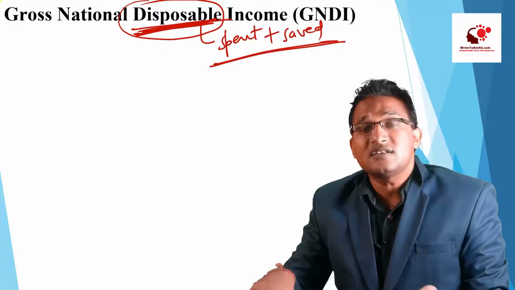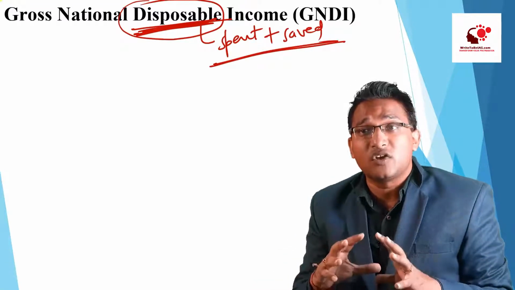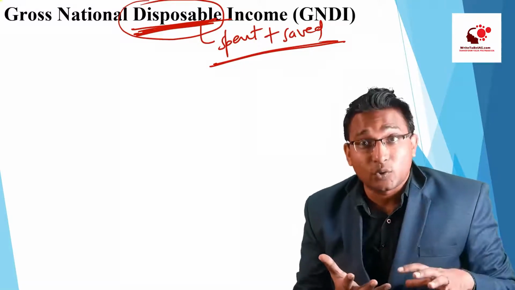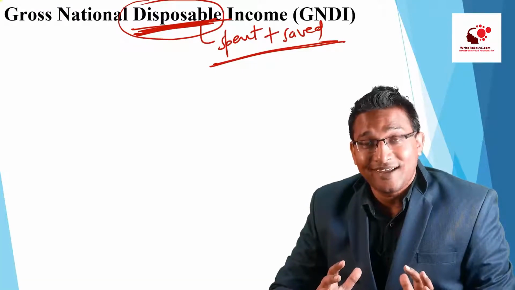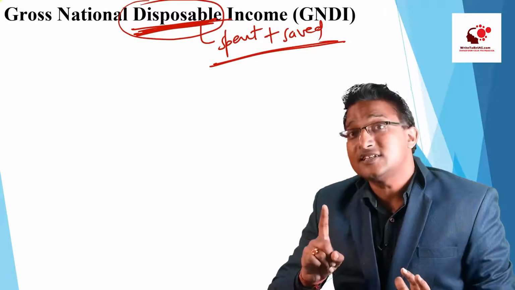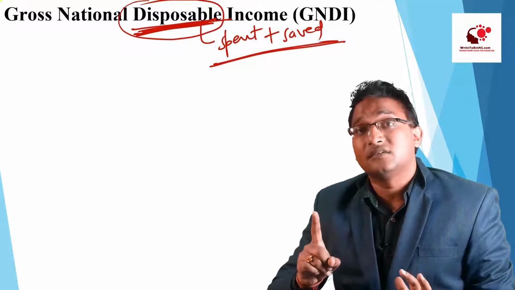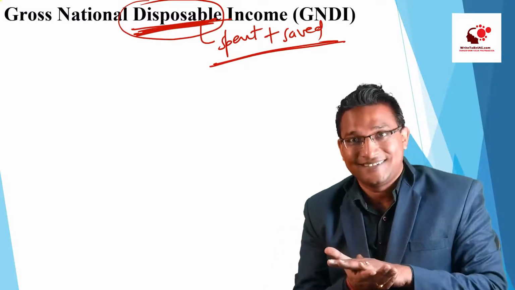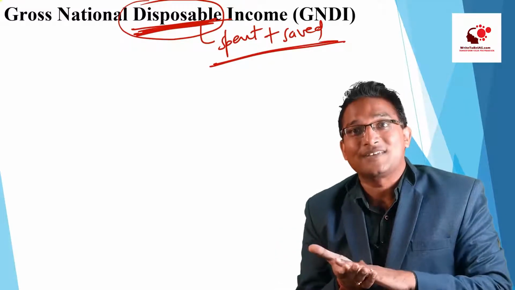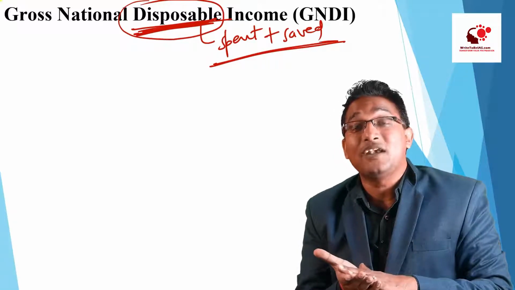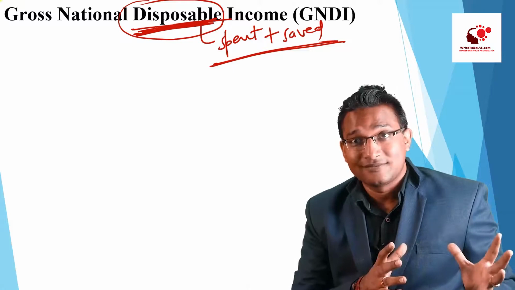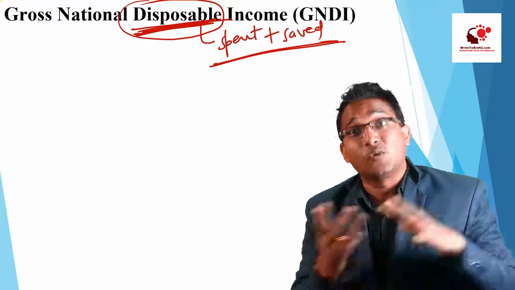That is, this is at the disposal, or at the discretion, of the person who is having this income, right? So this is basically the income which is in the hands of the person. This income can be different from the income the person is earning. It can be less than or more than that.